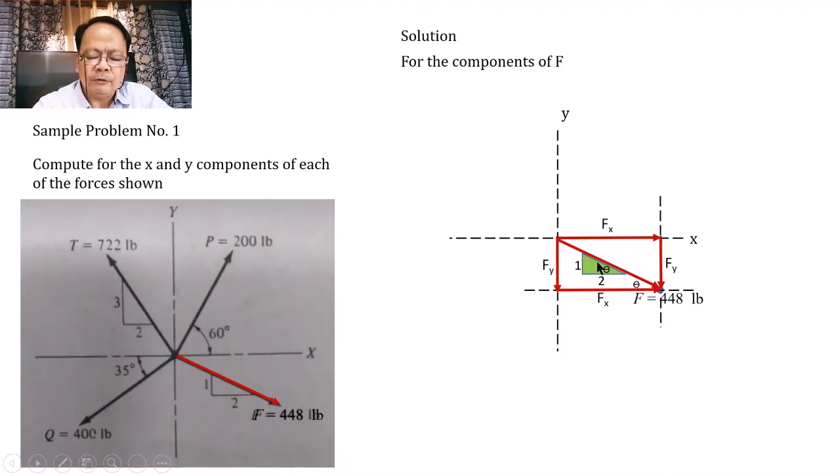And so, finding the functions of theta, let us express the function of theta. Here 1 is to 2, therefore this side will be the square root of 5. So if this will be our angle theta, from the dimensions of the right triangle, we can get the functions of the angle theta, so that sine of theta is equal to the opposite over the hypotenuse, therefore that is equal to 1 over the square root of 5.